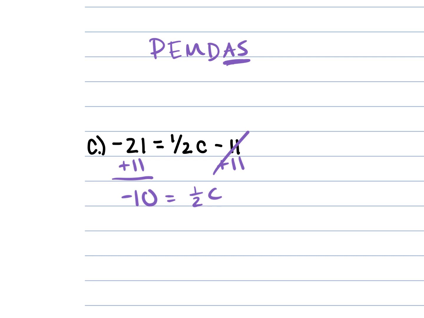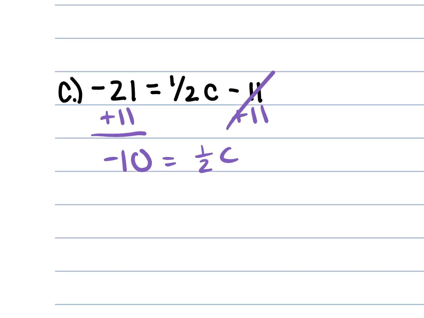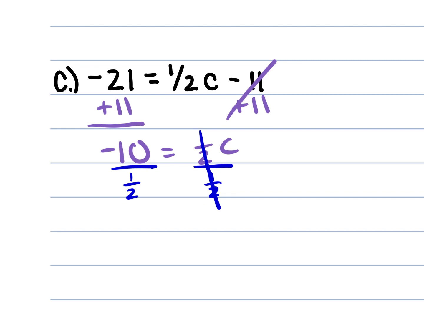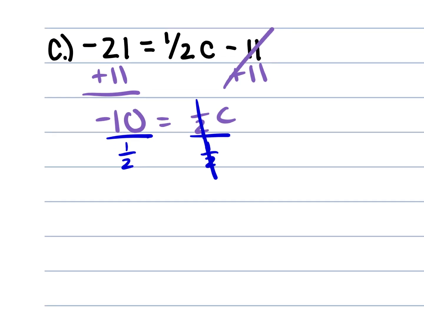There's a couple different ways we can solve this equation next. C is being multiplied by 1/2. So in order to move it to the other side, I could divide both sides by 1/2. So it cancels out on the right. On the left side, I have negative 10 divided by 1/2. When you have a fraction inside a fraction, we can keep, change, flip.